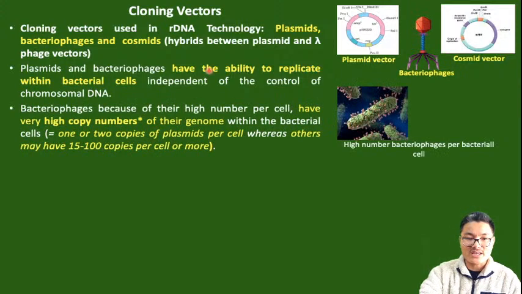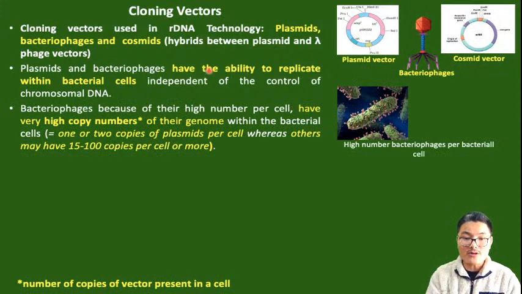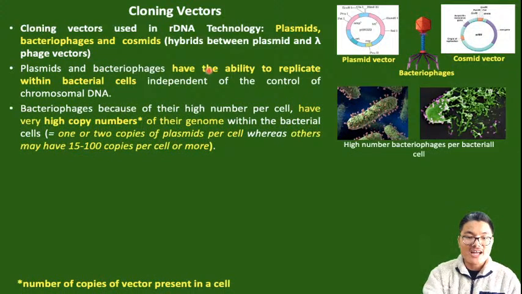If we stress more, bacteriophages are used because they have a high number per cell, that is, a high copy number. Copy number means the number of copies of the bacteriophages within the bacterial cell.